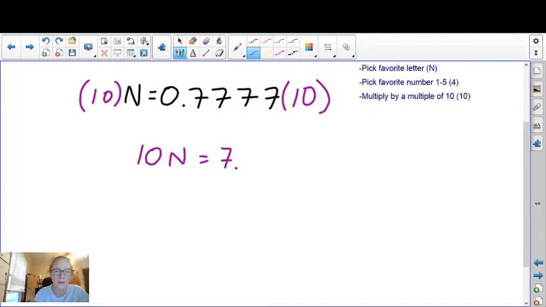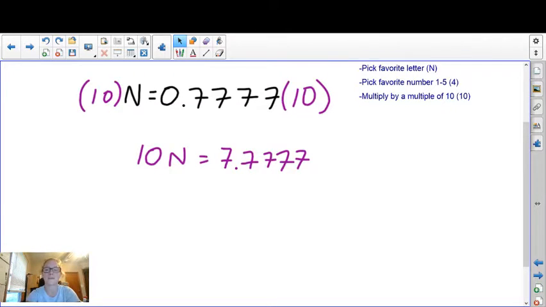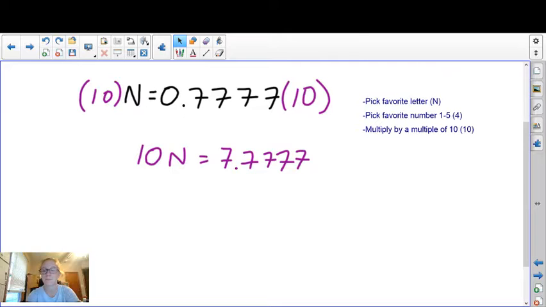So 7.1, 2, 3, 4. Again, we want to keep that 1, 2, 3, 4. I want to continue having the same amount of decimal spots because the idea is to get a fraction. And with fractions, we don't ever have decimals, and it's setting me up for my next step here.